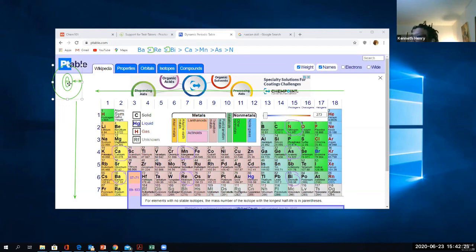So if I'm in period 2, anywhere in period 2, I'm going to be smaller than those in period 3, because these are the outer rings. They define the space where these electrons are going to be sitting.